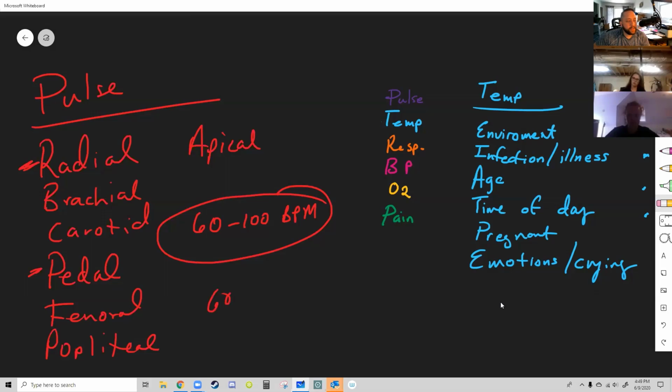If it's 60 or less, it's called bradycardia. And if it's greater than 100, it's called tachycardia, just like a tachometer in a car. You know that arm that goes when you floor it?